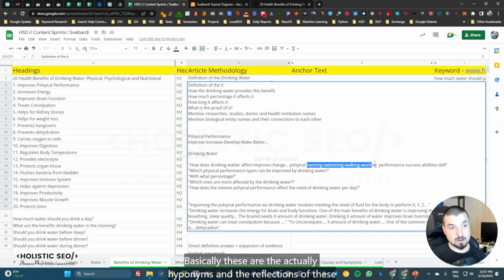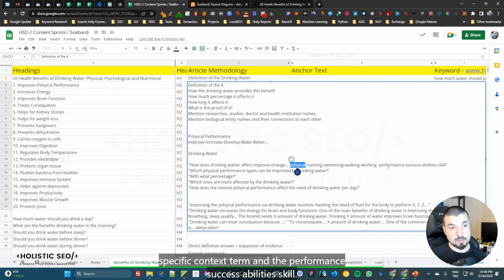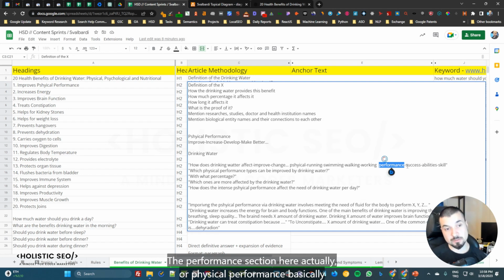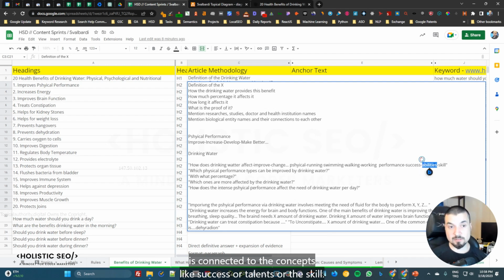Basically, these are the actual hyponyms and the reflections of this specific context term. And the performance, success, ability, skill. The physical performance is connected to the concepts like success or talents or the skill. And in this case, the word affect is connected to the improve and the change. We use all these predicates with all these variations.